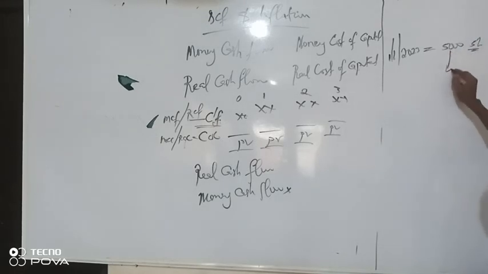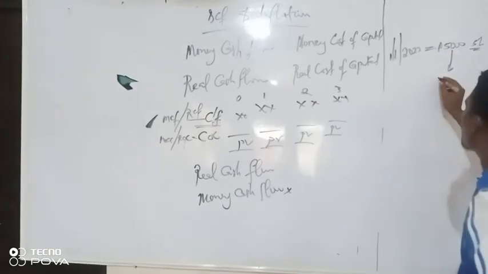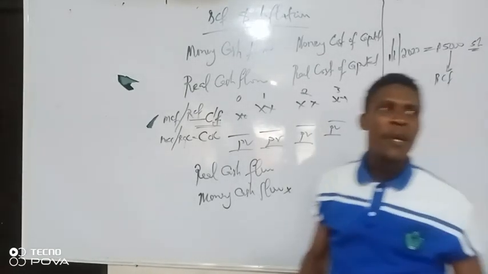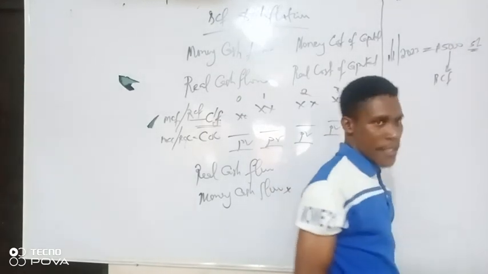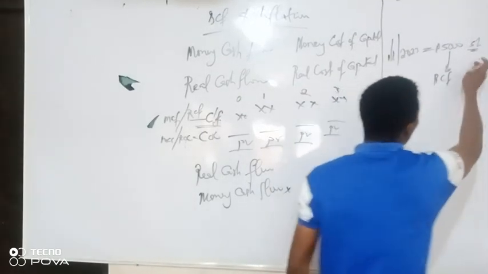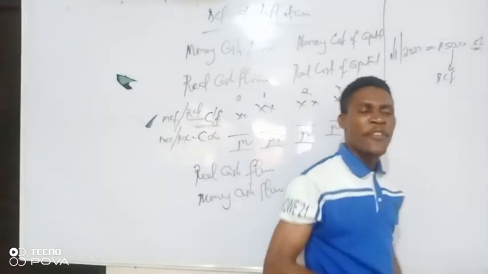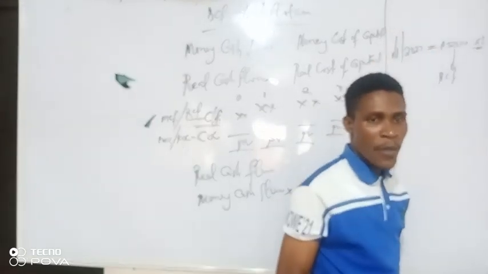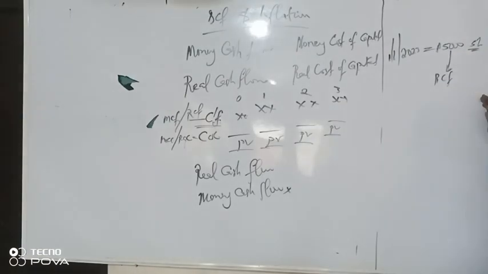This figure that you are seeing here is at today's price. It is your real cash flow, because we have not factored in the inflation rate of 5% into it. By the time we put inflation on it, if there will be inflation of 5%, what will be the cash flow by that time, year one? Inflate it by 5%. What do you have, please?